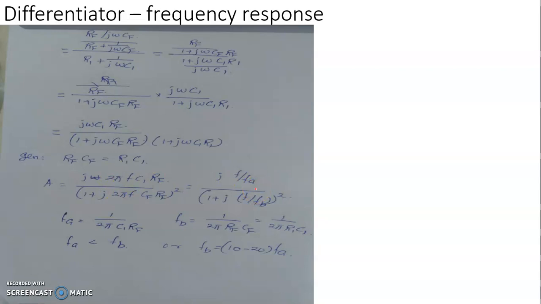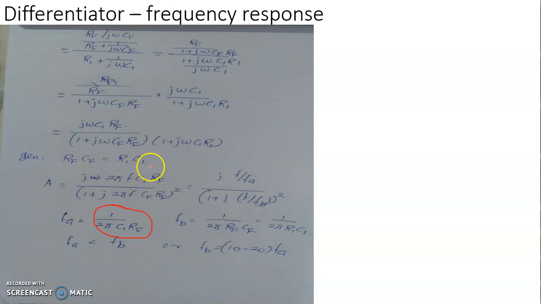It has no further meaning, but it will have a significance once we talk about the frequency response of the differentiator. FA is equal to 1 by 2 pi RF C1, and we substitute FB as 1 by 2 pi RF CF, that's equal to 1 by 2 pi R1 C1, since we have taken this time constant equal in our design of the practical differentiator also.